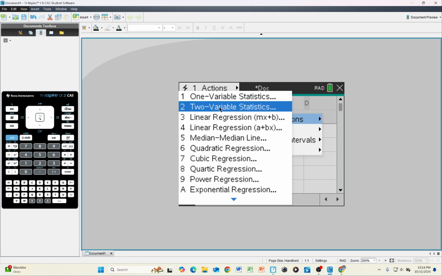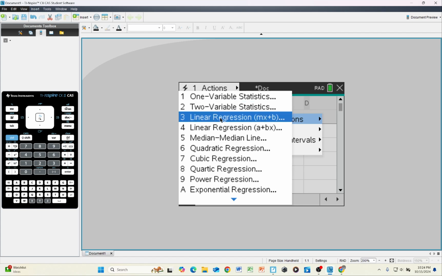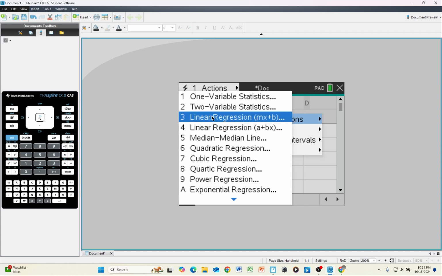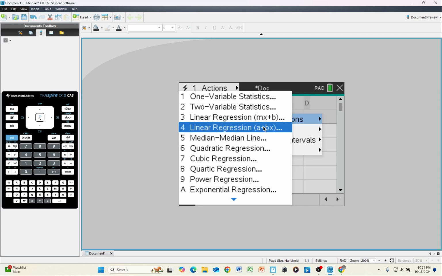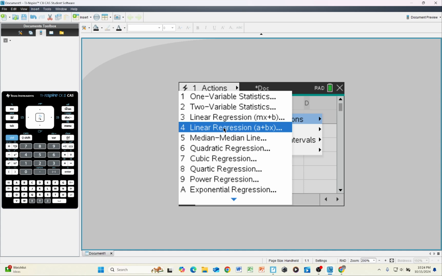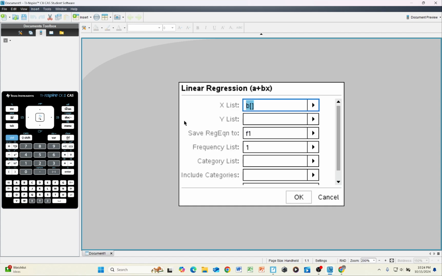One variable stats, two variable stats. We're past those already. We're actually going to go into what's known as linear regression. There are two forms of linear regression: there's mx plus b, and there's a plus bx. We are going to use a plus bx. That is the one for this course, and we will use nothing else but that one.